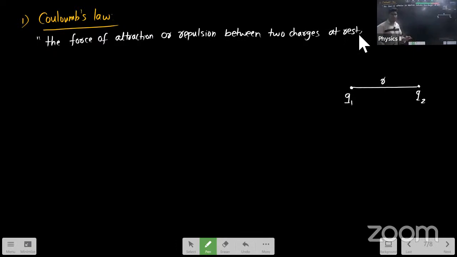What will happen? Let us see now. Everyone remember this statement in the manner I am writing. First of all, what you are supposed to write? The force of attraction or repulsion between two charges.